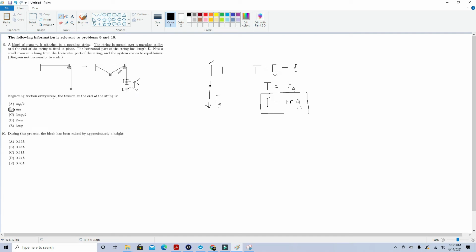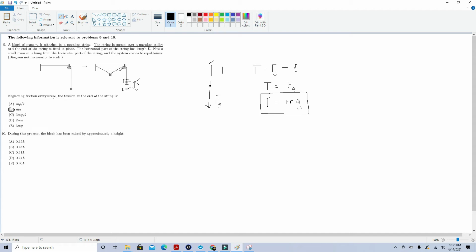Since we're trying to find out how much the height has been displaced, there's one thing we need to keep in mind. Since we're dealing with a massless string, we can assume that the string is inelastic and cannot be stretched.